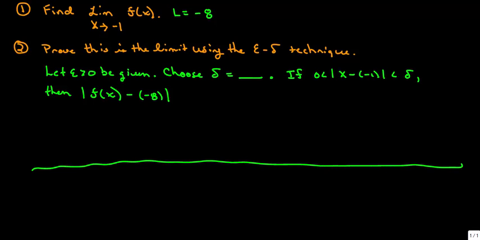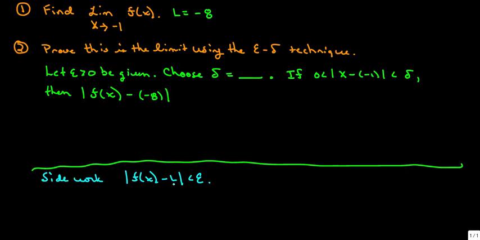So let's do some side work. Essentially what we need to do is get f of x minus L to be less than our epsilon. So we need to write delta in terms of epsilon, so that this holds true, given we already know this. So given that our x values are really close to negative 1, we need to show that the function values are really close to negative 8. That's the idea of a limit.